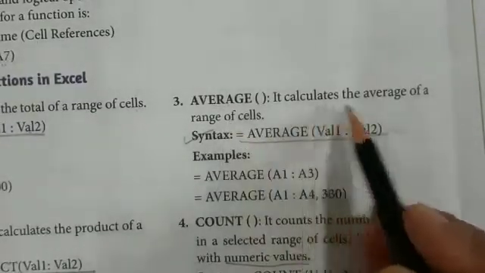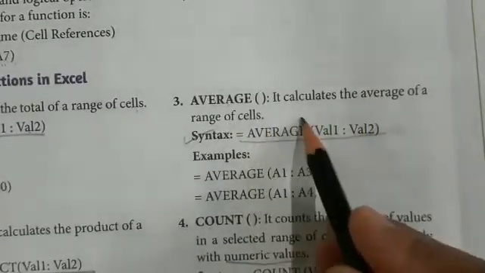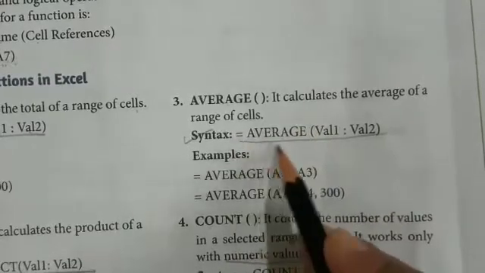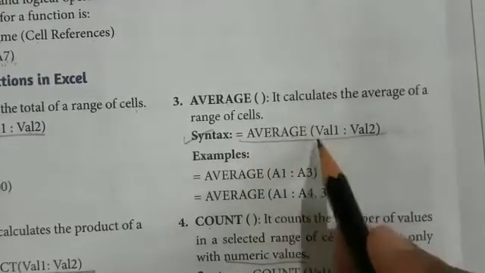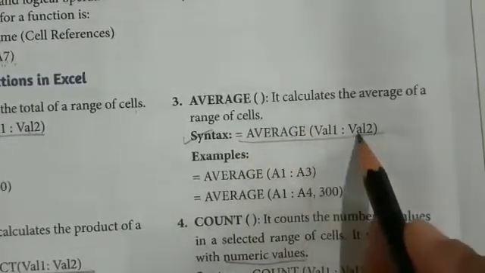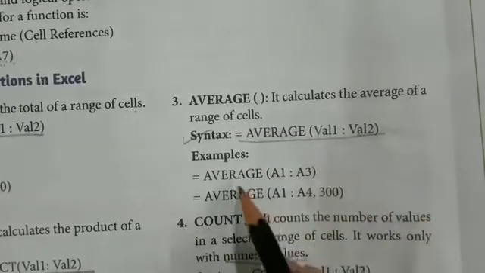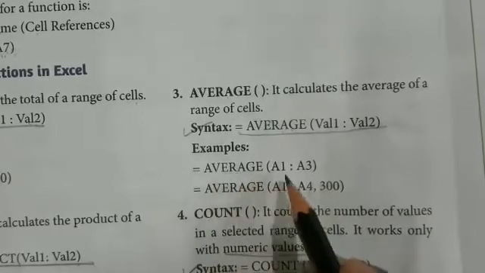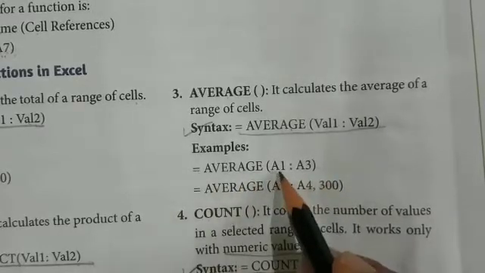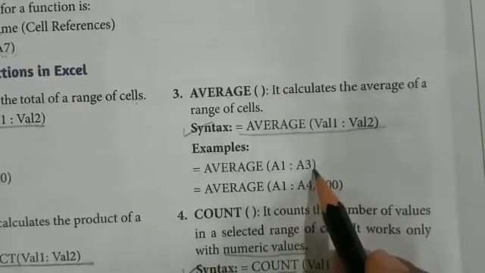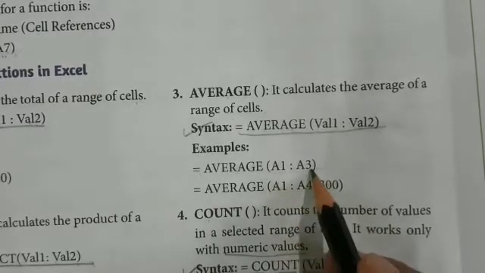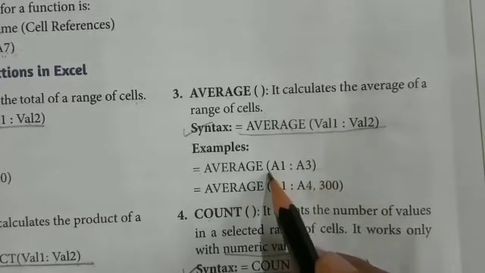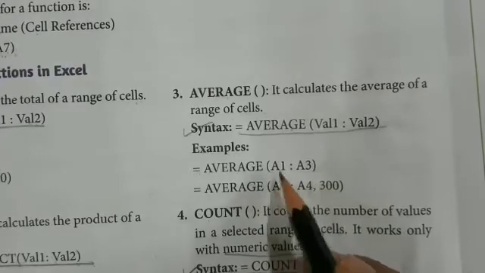Average function calculates the average of a range of cells. Equal sign AVERAGE, in the parentheses define the cell reference. For example, equal AVERAGE in the brackets, cell reference A1 colon A3. So it will find the average of the cell range.